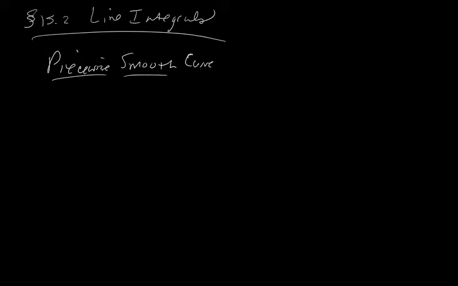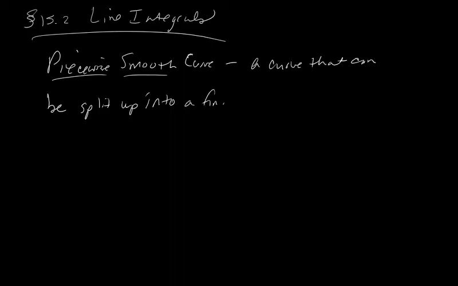Okay, so piecewise smooth is going to be a curve that can be split up into a finite number of smooth curves, meaning with no sharp edges, no cusps. So basically, in other words, they're differentiable on these individual pieces.